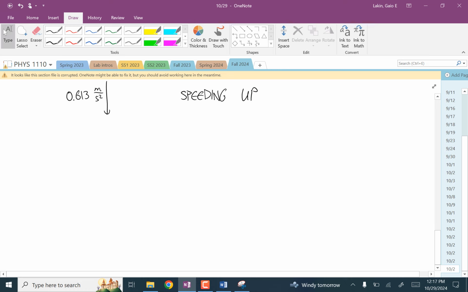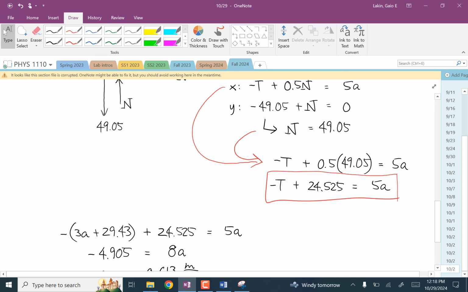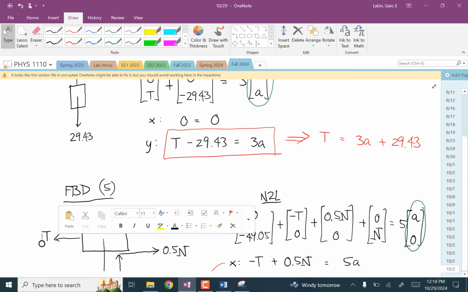And then also usually you want to calculate the tension. So now that we have this value for a, you can plug that into any equation you want to find T. The simplest one would probably be this.